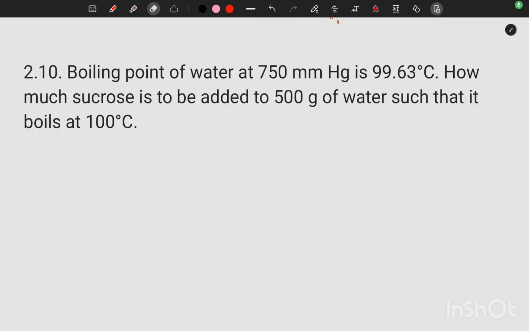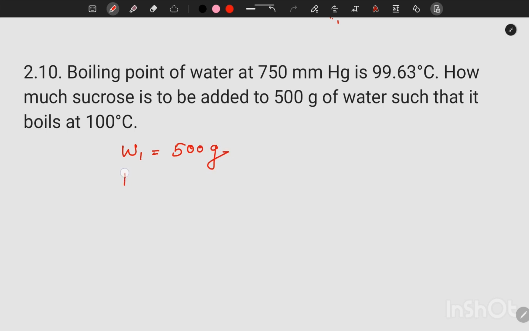Boiling point of water at 750 millimeter of mercury is 99.63. How much sucrose is to be added to 500 gram of water such that it boils at 100 degree Celsius? So mass of water is given as 500 gram.